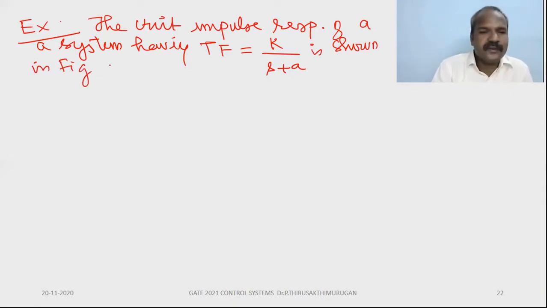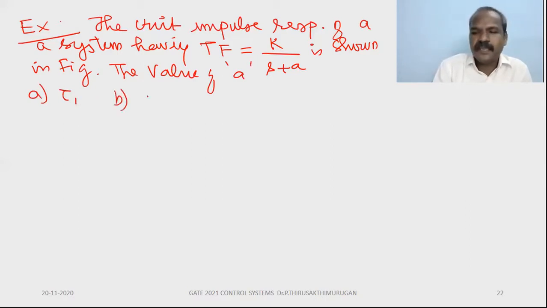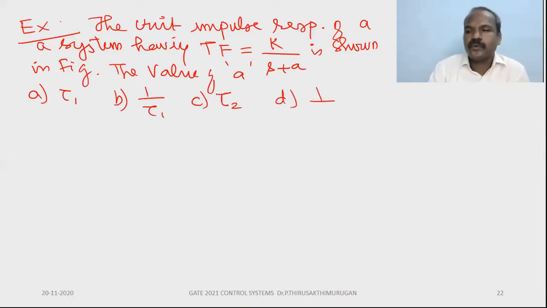The value of a is: A is tau 1, B is 1 by tau 1, C is tau 2, D is 1 by tau 2. The picture is depicted like this.